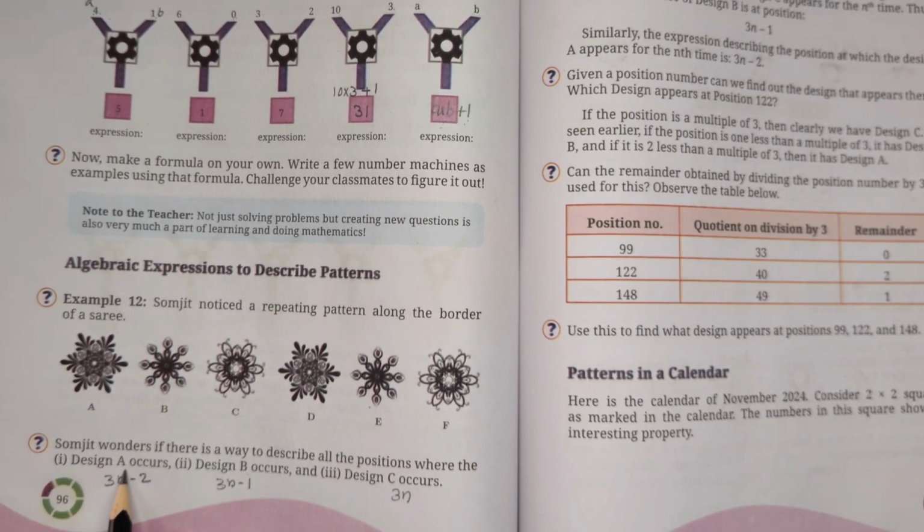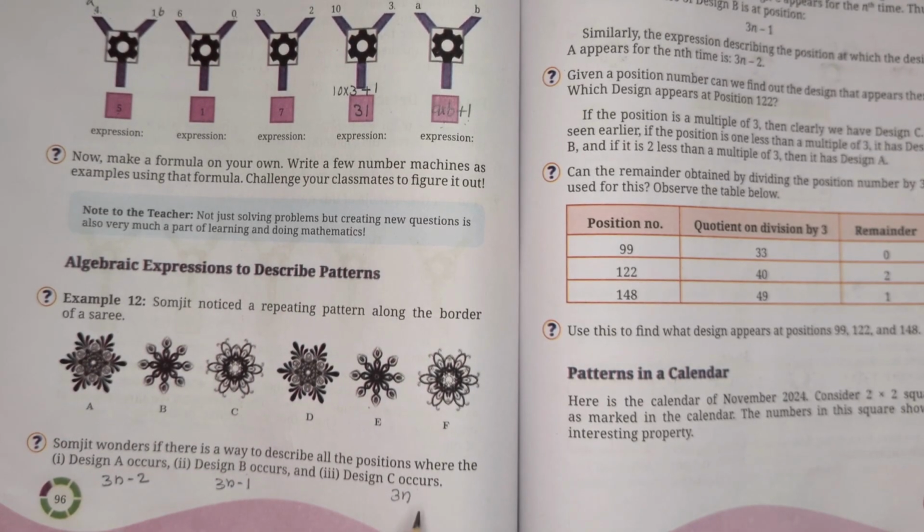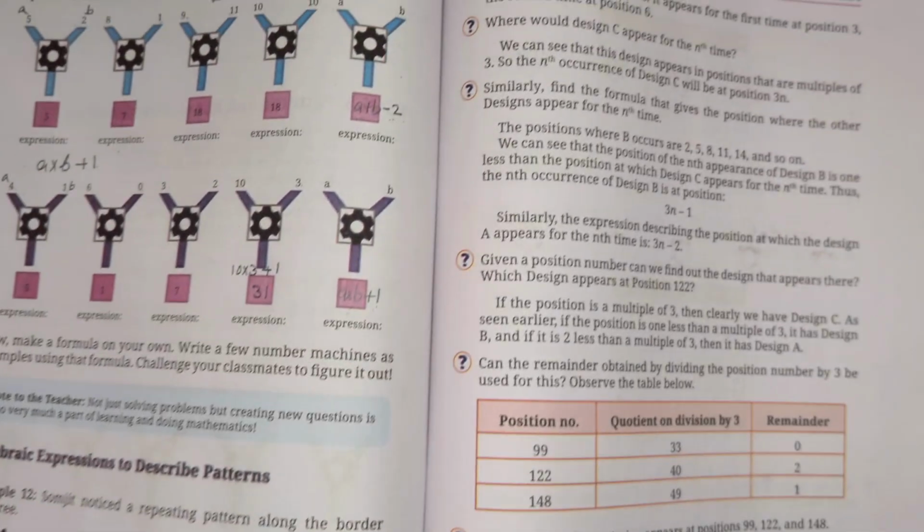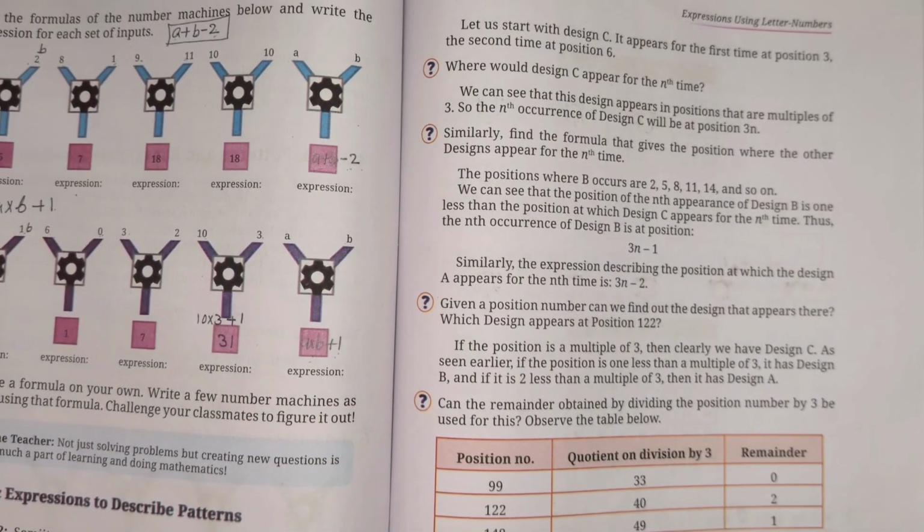Fourth place, A is coming, the same design. So we can write in general, design C will come at the nth place, that means 3n, B at 3n minus 1, and A at 3n minus 2. Same thing we can see here.